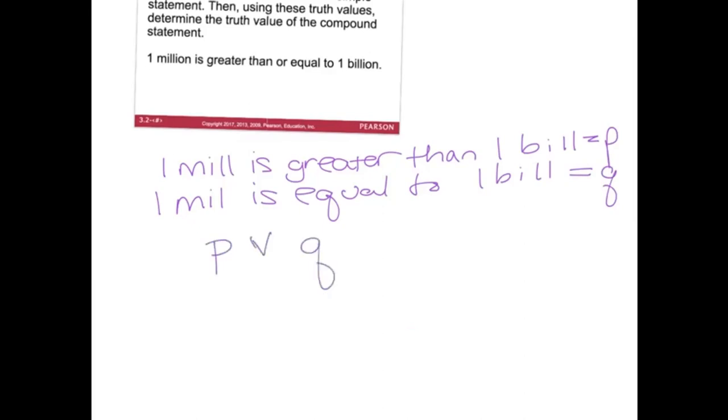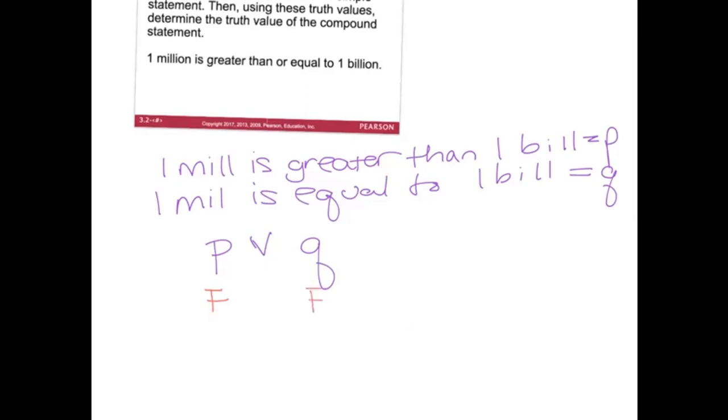Now, you do not have to go through and construct a whole truth table if you don't want to, because you know whether these statements are true or false. $1 million is greater than $1 billion. That is a false statement. If I had $1 billion in the bank and all they gave me was $1 million, I'd be upset. $1 million is equal to $1 billion.